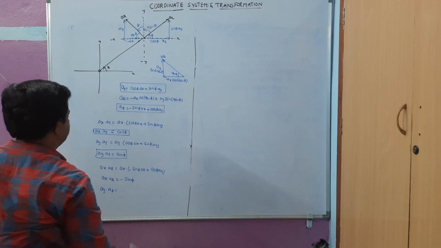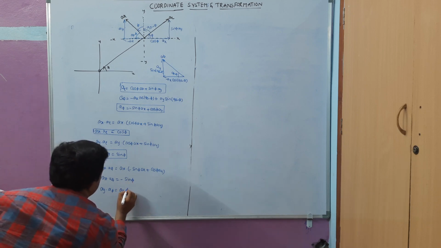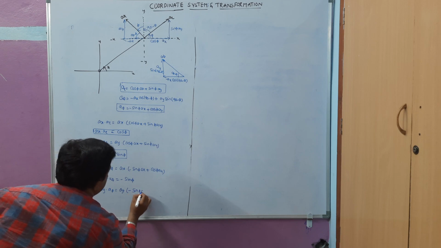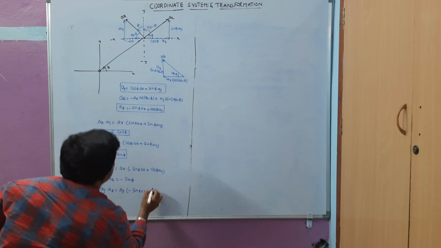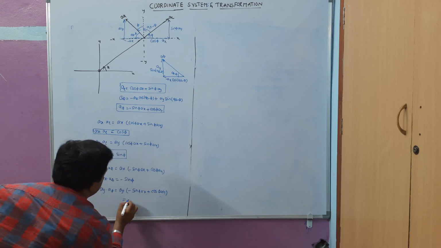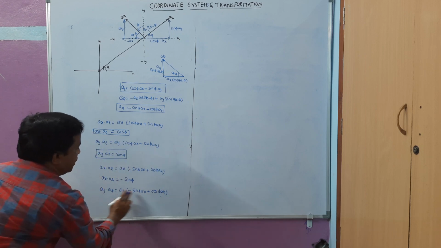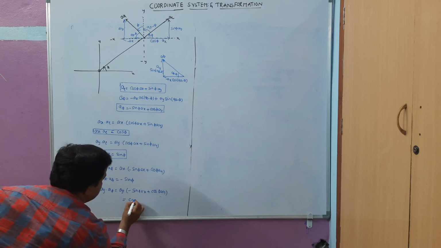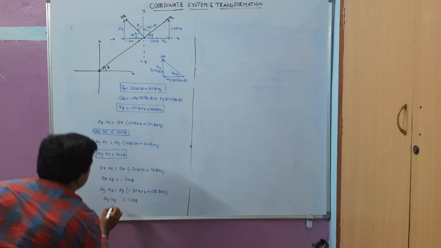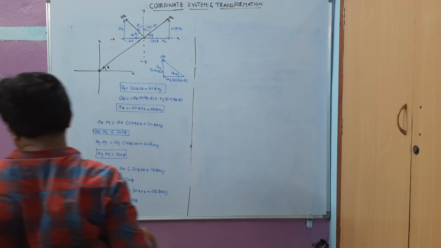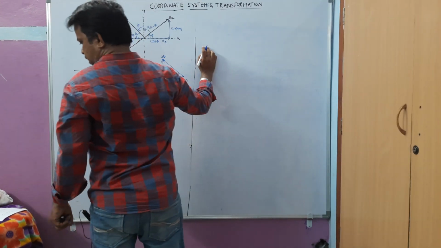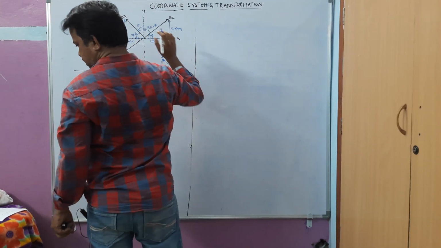Similarly, ay dot a phi is minus sin phi ax plus cos phi ay. So ay dot ay is 1, ay dot ax is 0, so I get cos phi, that is ay dot a phi. Now I can write the components of a rho, a phi and az here.